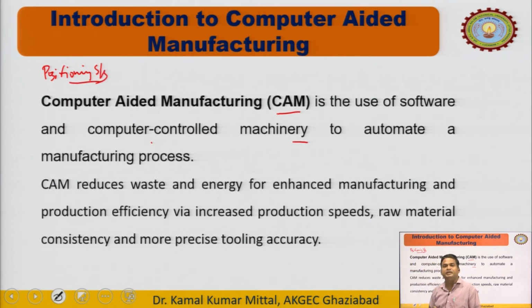पोजीशनिंग सिस्टम का मतलब ये है कि कोई भी प्रोडक्ट हम बना रहे हैं, suppose we are going to drill over a piece.